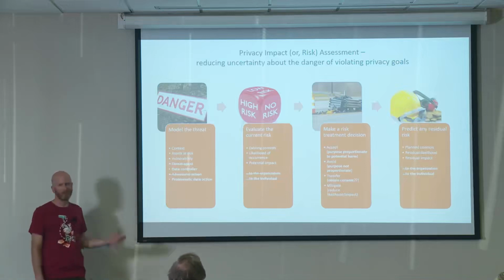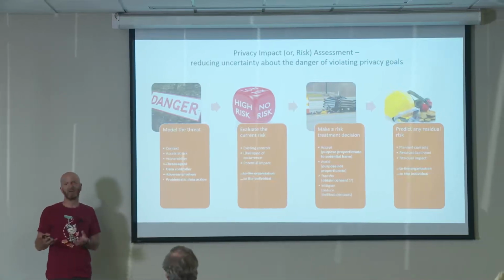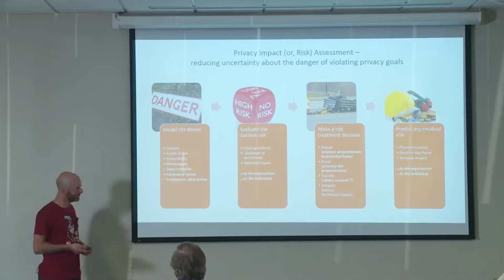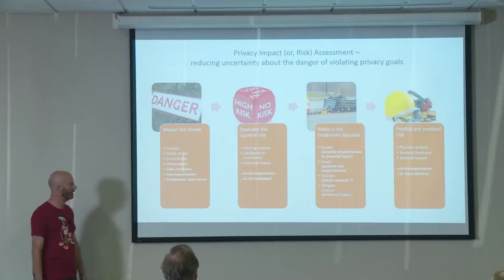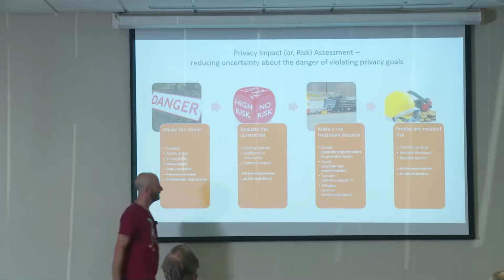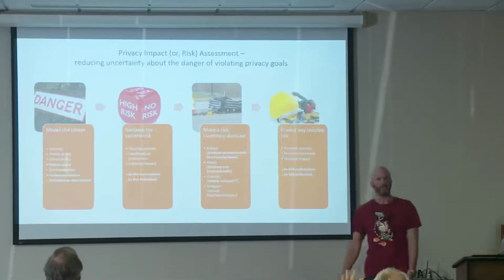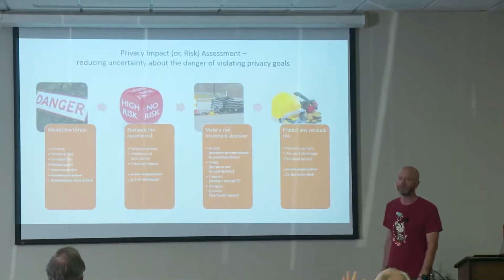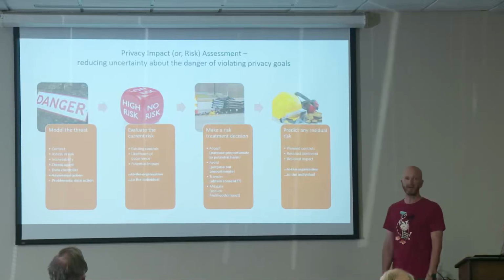Then we look at what's the likelihood of this happening, and what's the potential harm to an individual if this happens. And then we decide, is what we're doing appropriate? Privacy people often talk about proportionality. And do we want to do anything to change or mitigate it, or not? Make sense so far?